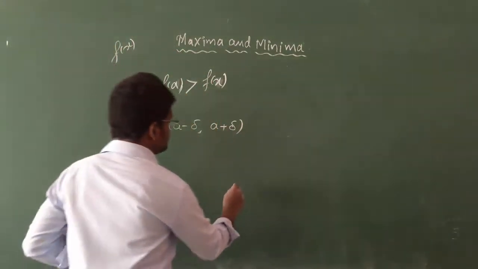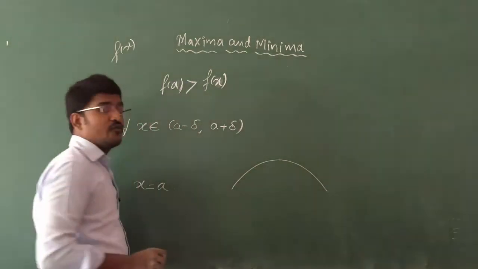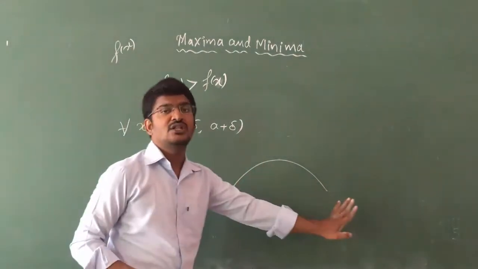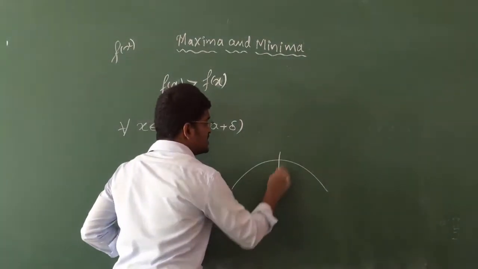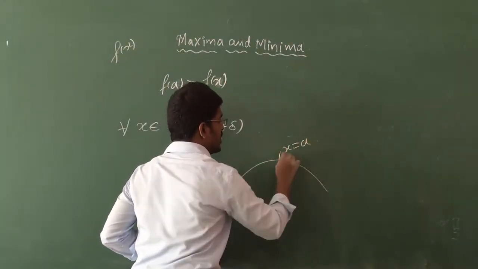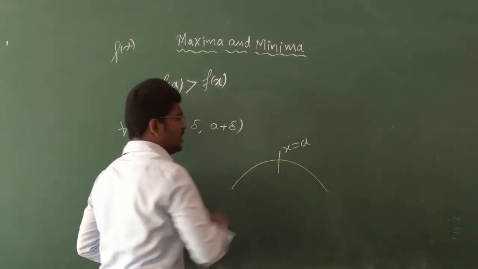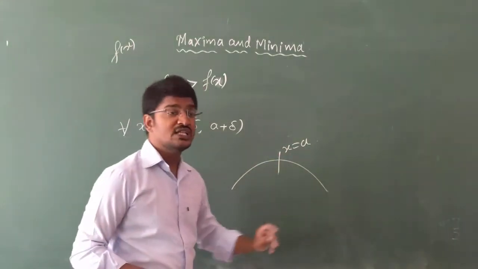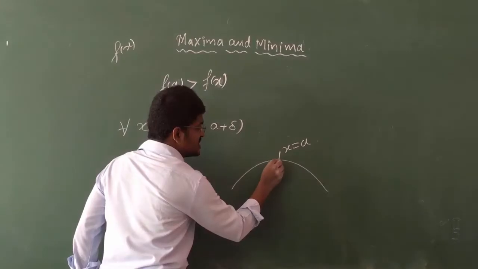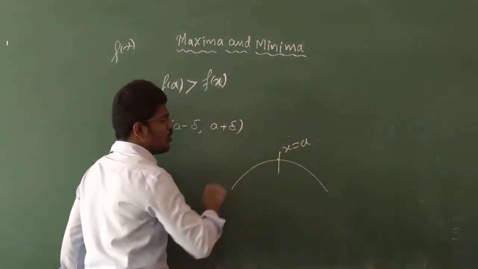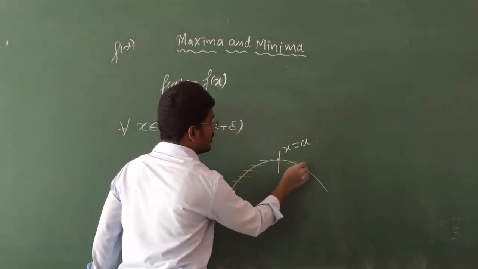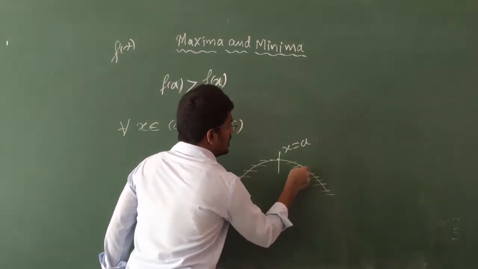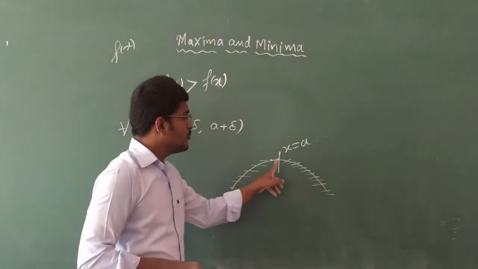For example, if this is f of x, I will take one example of f of x. This is x equal to a. At this point you have x equal to a. Diagrammatically you can see that this is the peak point of this particular function and every other values are lesser than f of a.